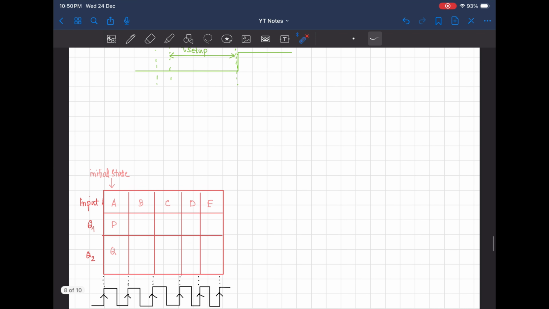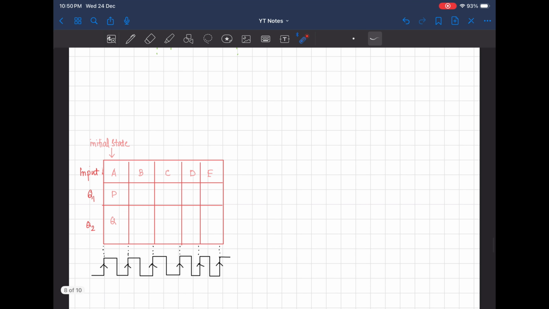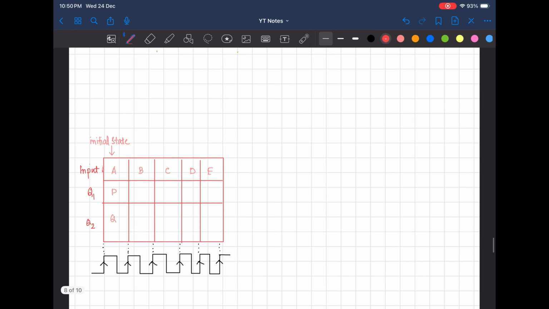Another definition: take this as a data sequence coming at the D1 pin.